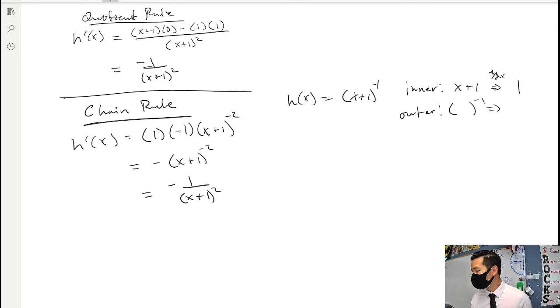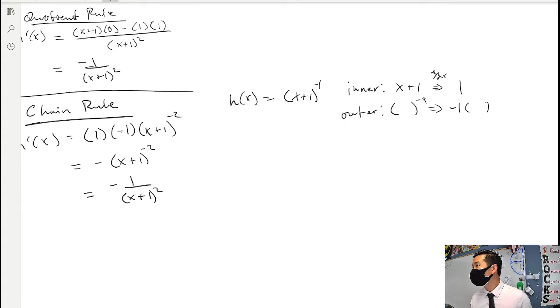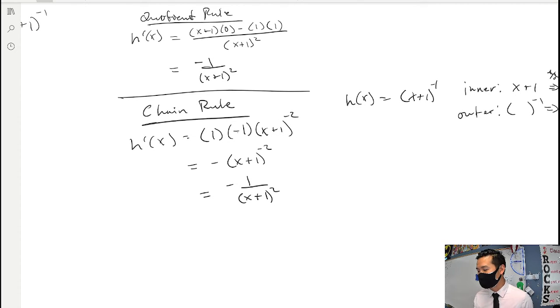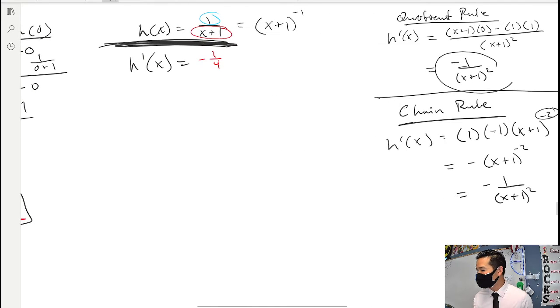Its derivative is the power rule: bring down the negative 1, leave the stuff that's inside, and subtract. Negative 1 minus negative 1 gives negative 2. So power rule along with the chain rule gives that negative 2. Either way, it comes out to this derivative, negative 1 over x plus 1 quantity squared.